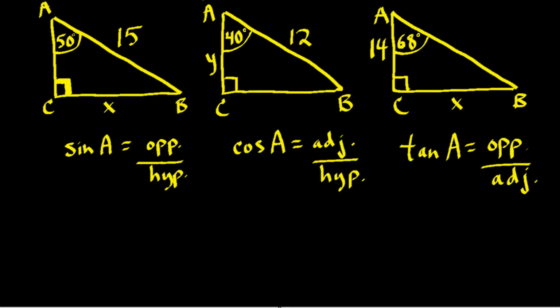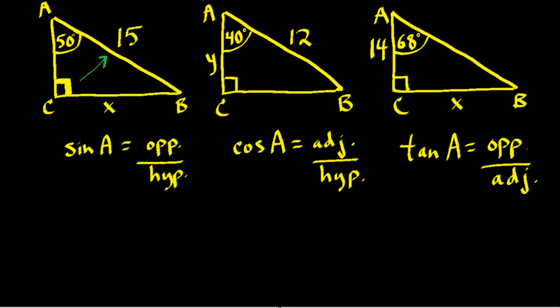Let's put SOHCAHTOA to use in solving for missing sides of a right triangle. In our first example here, we have angle A is 50 degrees, and we see that we have a hypotenuse because it's across from the 90-degree angle and it measures 15.